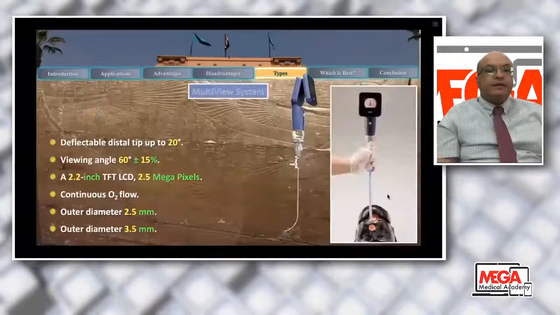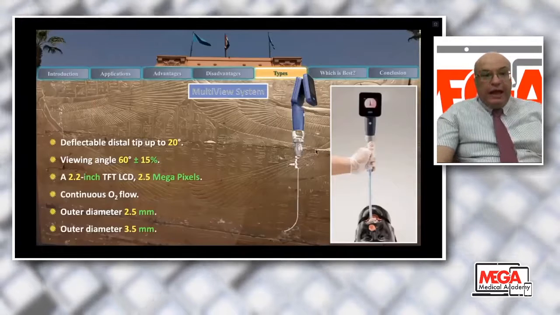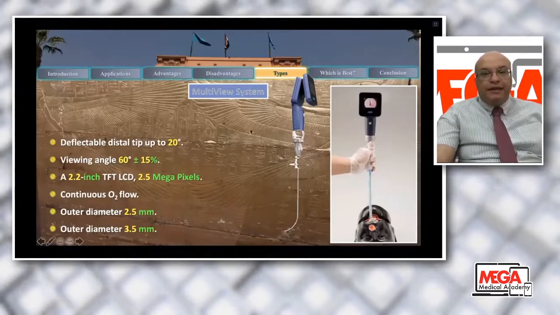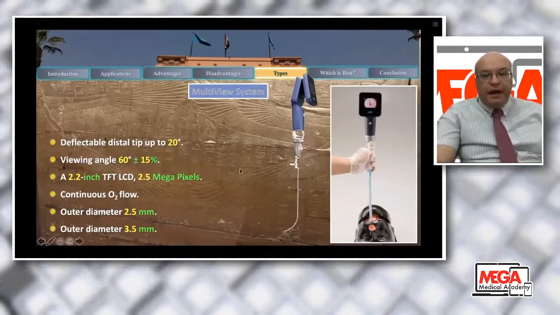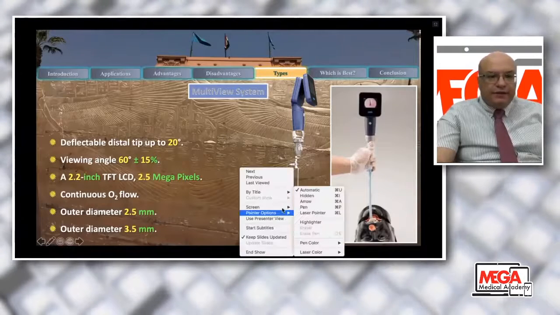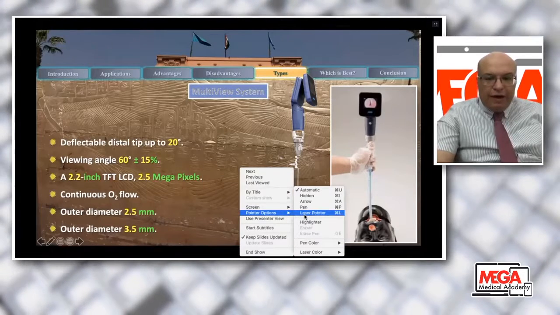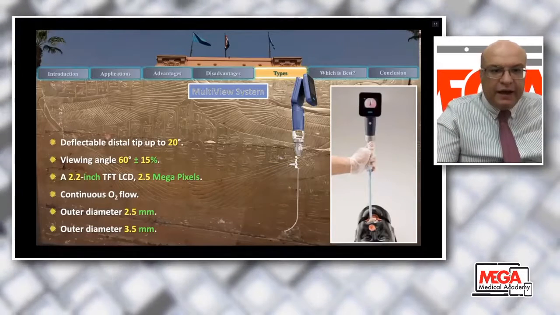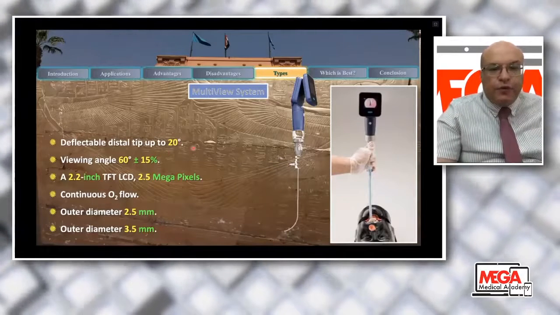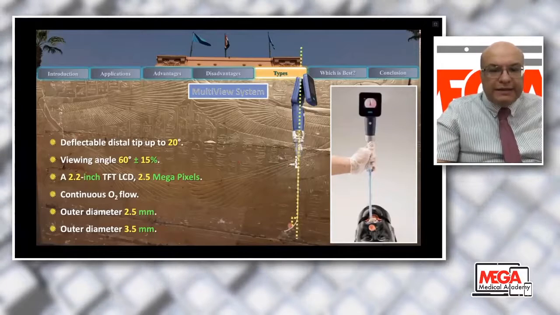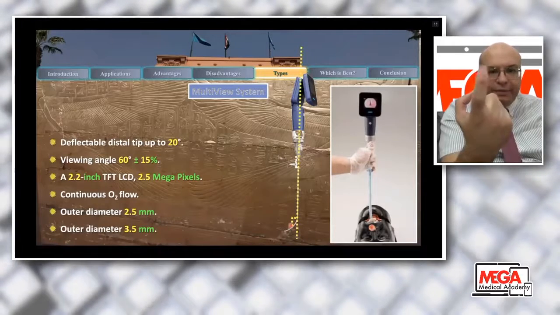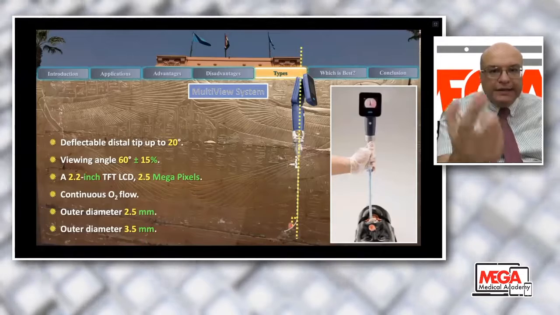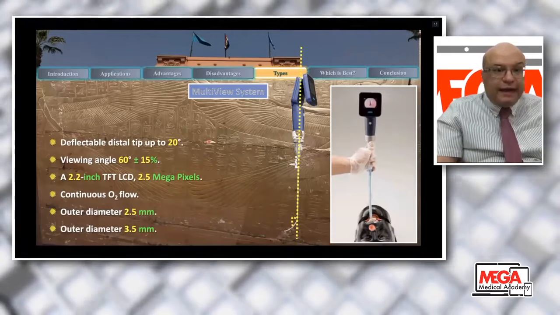The next one of the stylets is Multiview. The difference here between Bonfils and Multiview is the tip here is deflectable. That means you have a handle in your hand and you can change the angle here. It's flexible up to a 20-degree angle. Here is 20 degrees. You can move the tip up and down like a mobile stylet, like the Schroeder stylet, if you know about it.